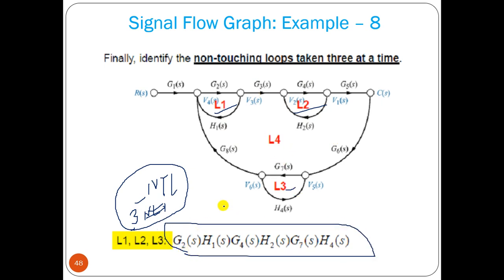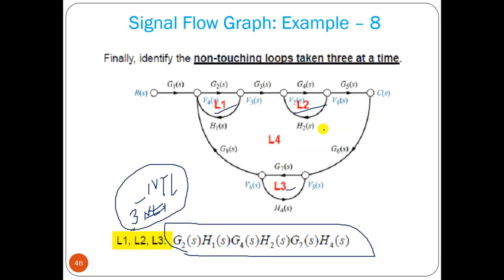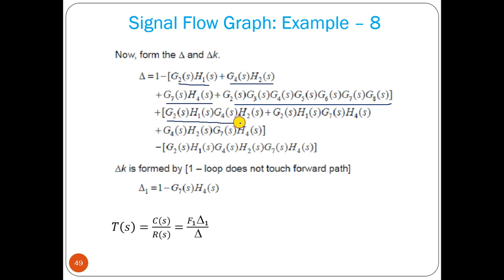So the formula we can write is delta equal to 1 minus the individual loop gains, L1, L2, L3, L4, plus the 2 non-touching loop gains. How many are there? L1, L2, L1, L3, L2, L3, so 3.